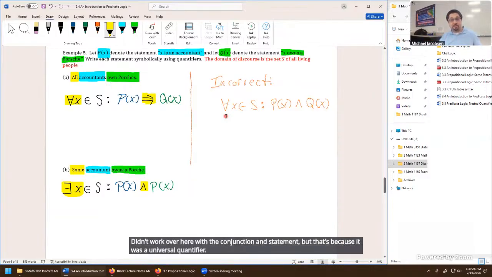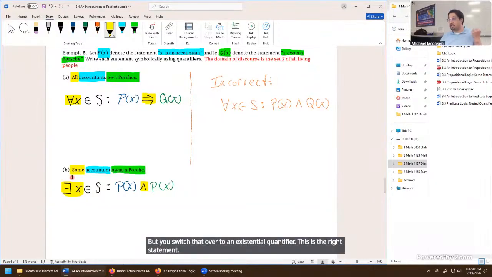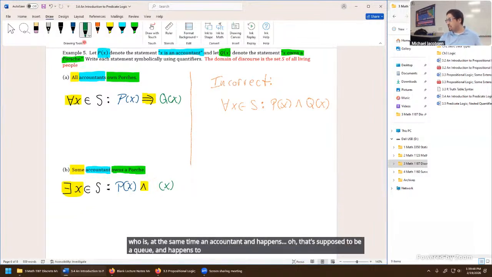That's too strong of a statement. It's saying everybody is both an accountant and has keys to a Porsche at the same exact time. But you switch that over to an existential quantifier, this is the right statement. It's just saying there is some person who is at the same time an accountant and happens, oh, that's supposed to be a Q, and happens to own a Porsche. Sorry for that distraction there.